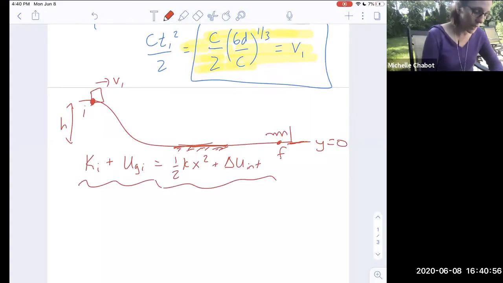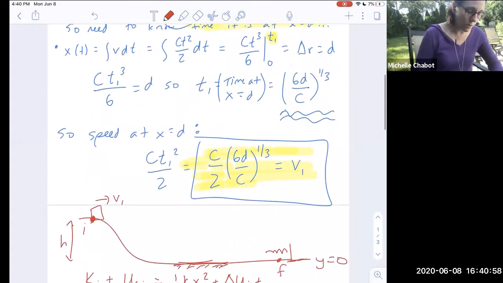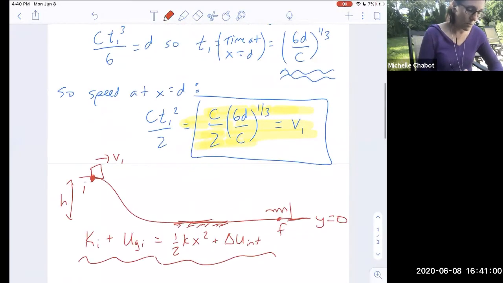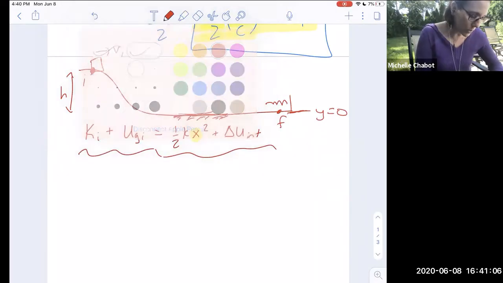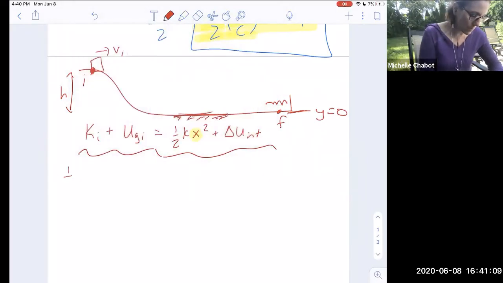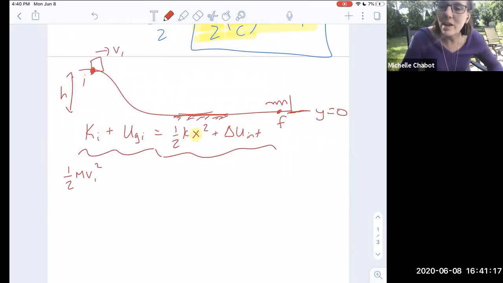Let's go ahead and plug things into it. Also remembering that what we're trying to find is the maximum compression of the spring. So we want to find x. So we go ahead and just work through this. K initial will be 1/2 m, and I'm just going to leave it as V1 squared now. So I can write the messy thing in at the very end, but I don't need to include it just yet.